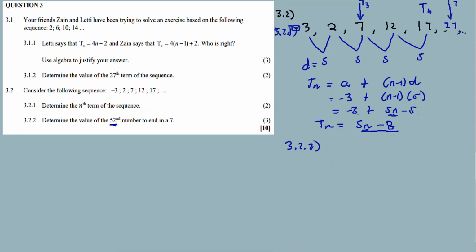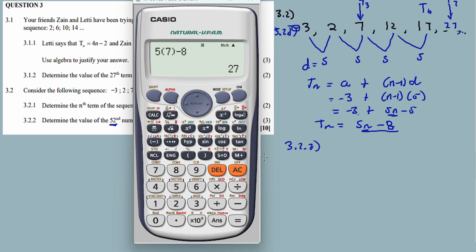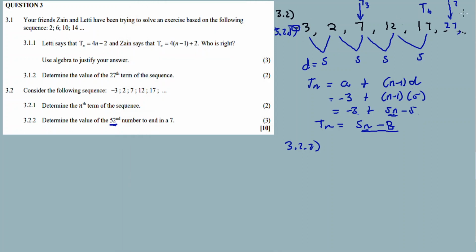Here's another term ending in 7. This is where we go back and say 8. Let's see, I get 32 for T8, then let's say 9, then it's 37 for T9, 37 here at term number 9.